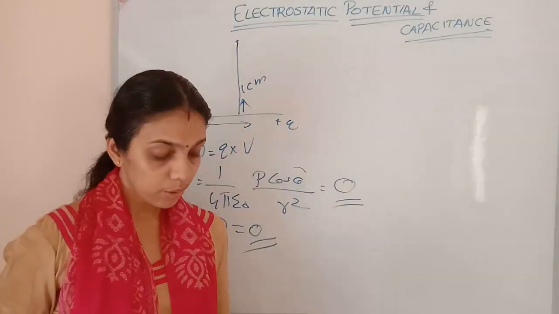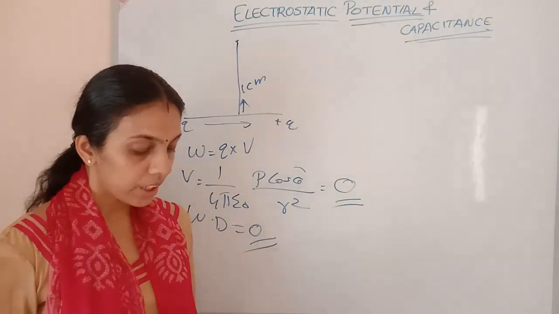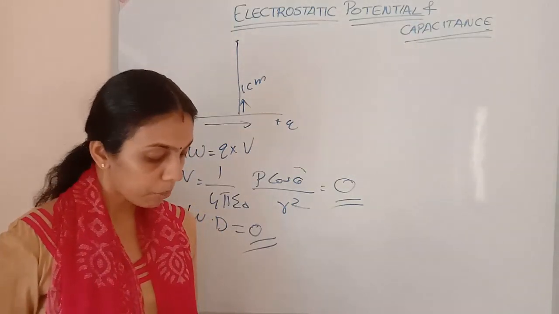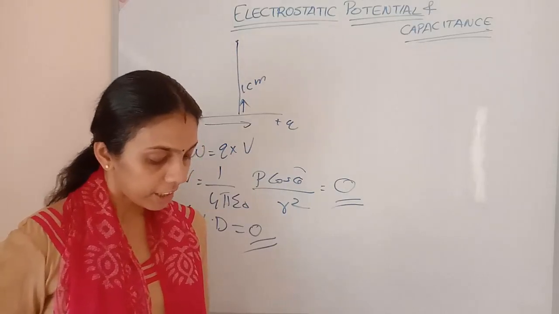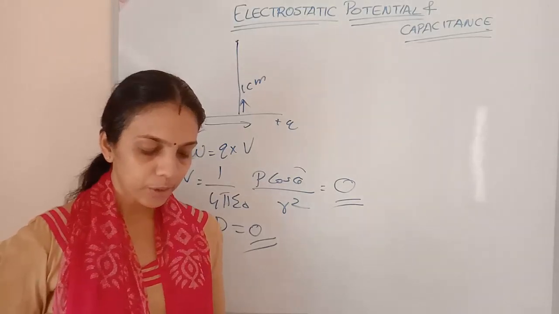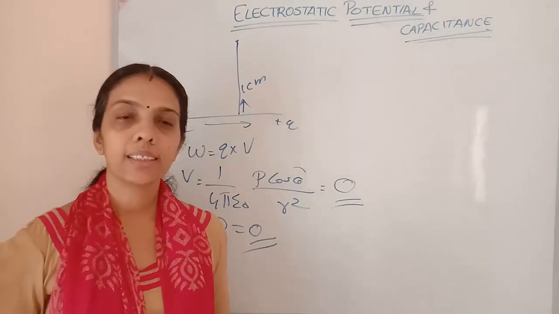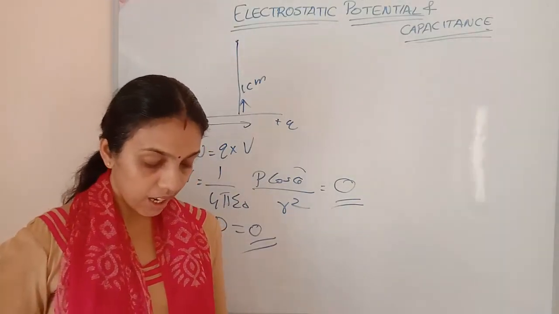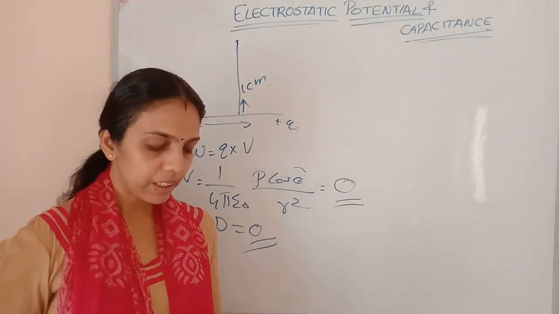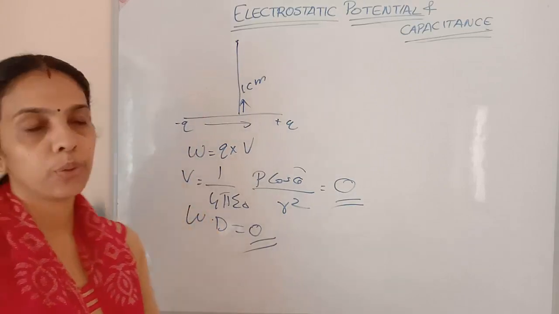Clear? Another question: the electric potential at a point O due to a number of point charges equidistant from O is V1 when the charges are uniformly distributed, and V2 when the charges are non-uniformly distributed. Is V1 equal to V2? Justify your answer.